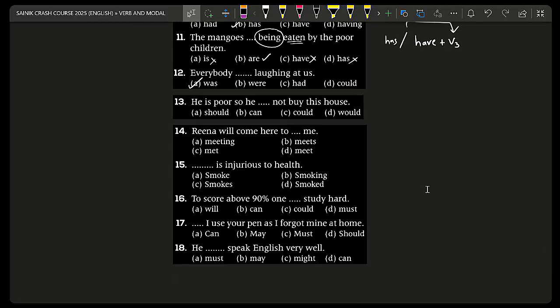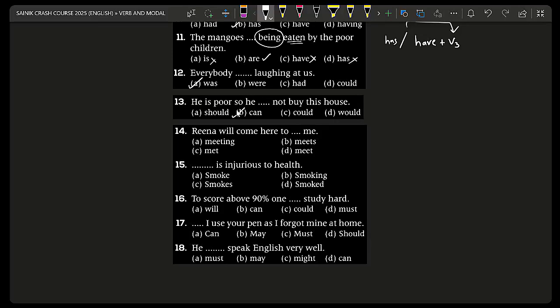Should not buy this house, cannot buy this house, could not and would not. Which one? Option B. Yes, option B is correct. It shows his inability. So either to show ability or inability we can use can. He is poor, so he cannot buy this house.